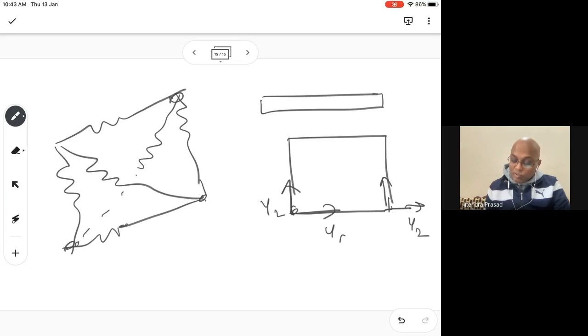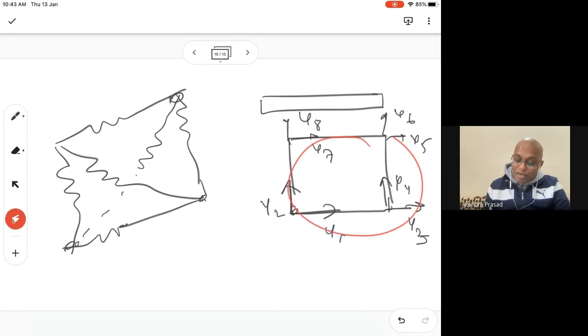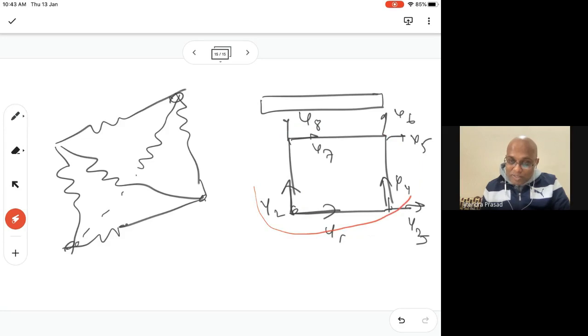So U1, U2, U3, U4, U5, U6, U7, U8. There will be 8 degrees of freedom per element. So we will get that, but we will do it towards the end of the semester. So we have a long way to go. This is not that easy.